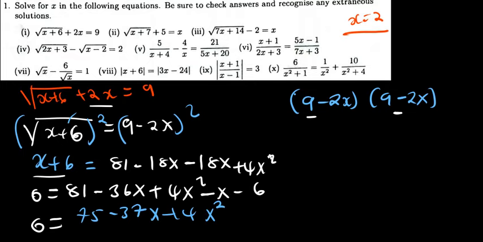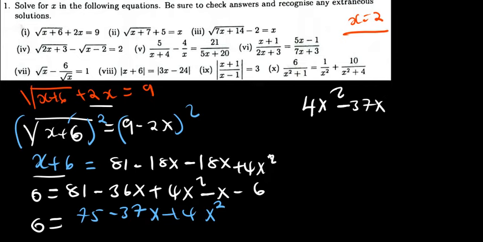Let me rewrite that: 4x squared minus 37x plus 75 is equal to 0.